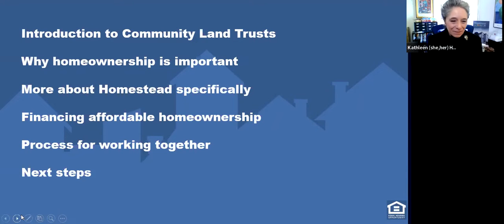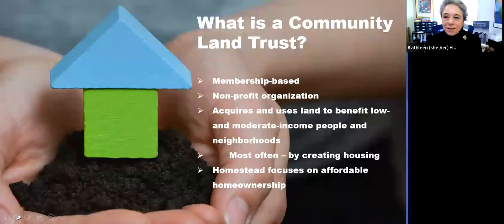Great, wonderful. Okay, I'm also going to narrate what's on the slides so that everybody who's not able to actually see the slides knows what we're pointing at. I've got a slide up here that has two hands holding dirt and a house. And this is a slide that says, what is a community land trust?